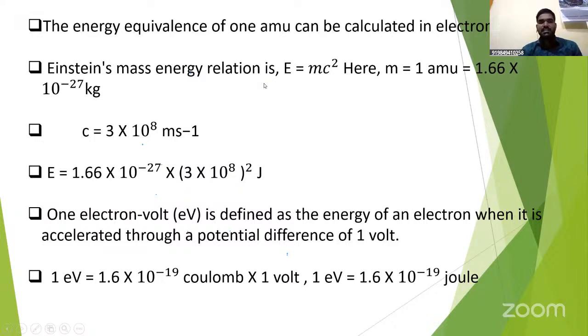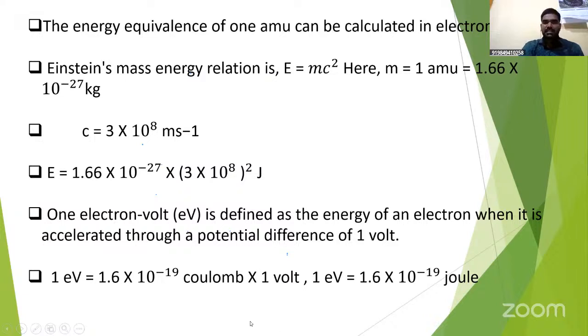Einstein's mass energy relation, you know that, is E is equal to mc square. Here m is what? M is equal to one atomic mass unit, which is equal to 1.66 into 10 power minus 27 kg, isn't it?